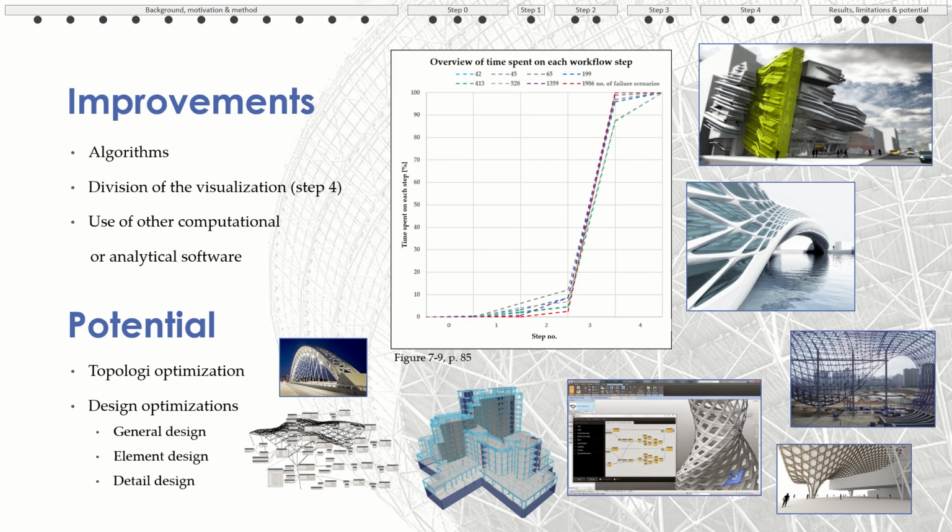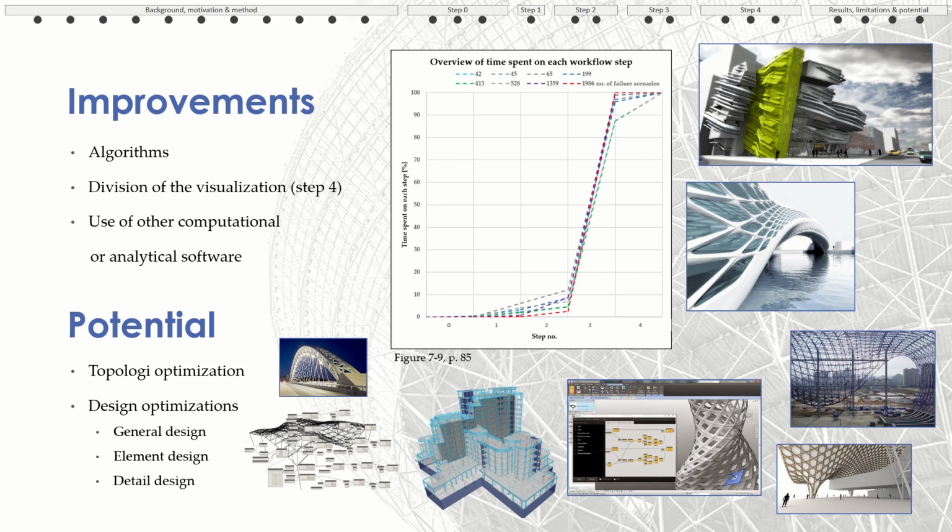But actually, when every single analysis is made, we get several utility ratios for each element. So we might be able to improve this workflow by, for example, not only locating which elements will fail, but also how they will fail. So this might be some extra work we could do in the future.